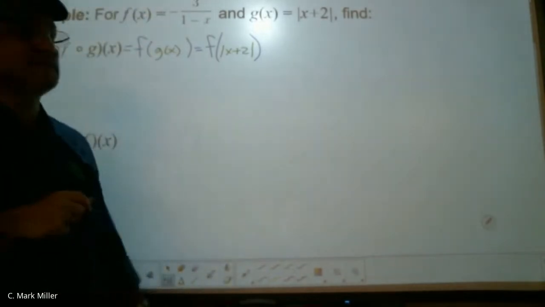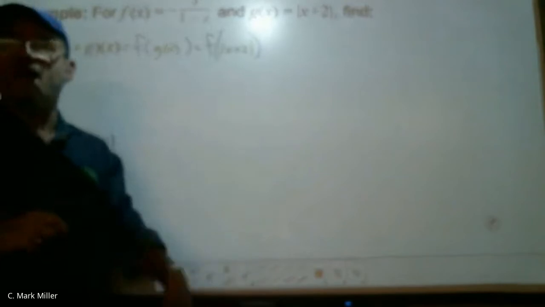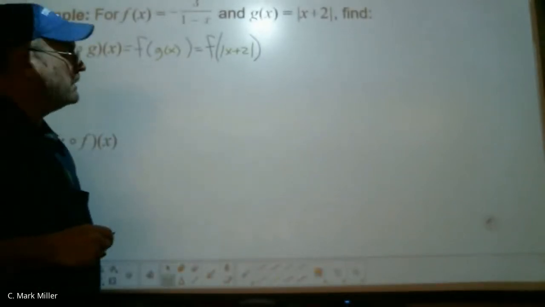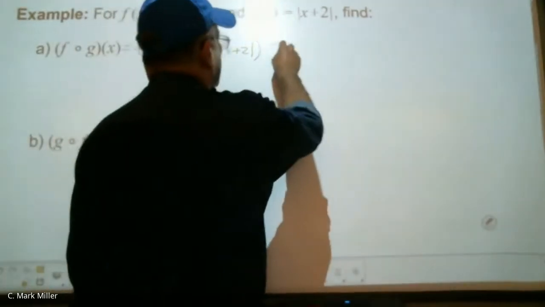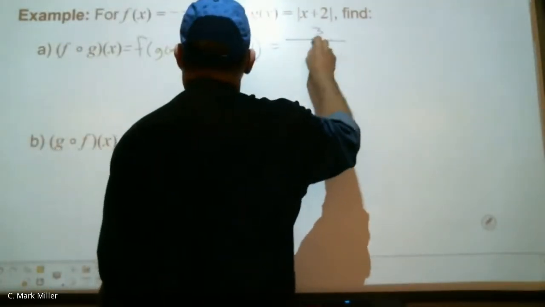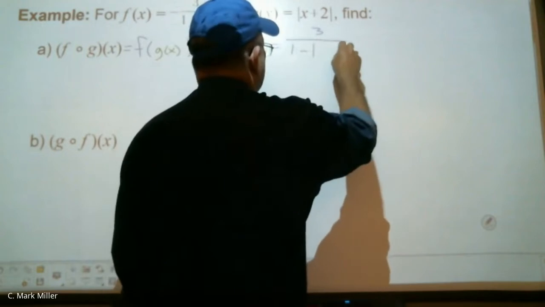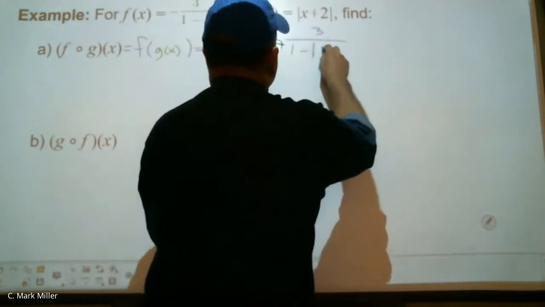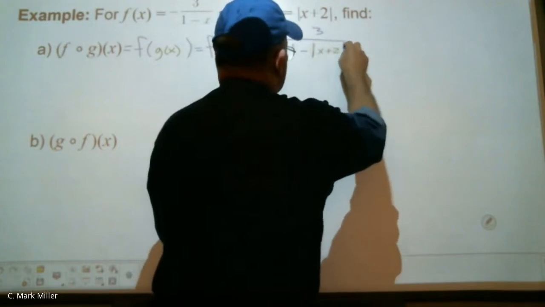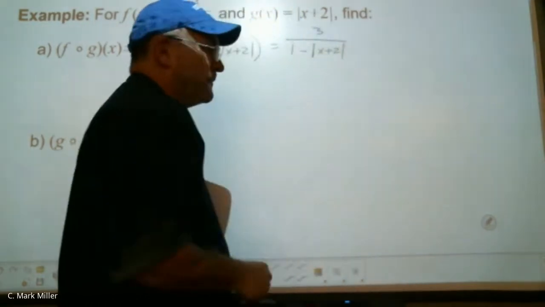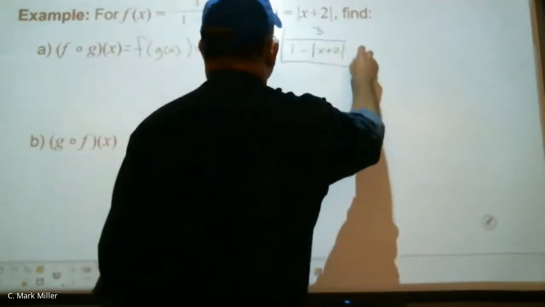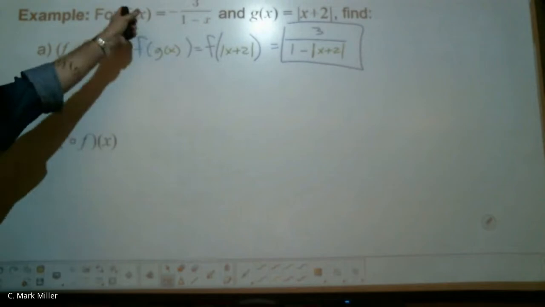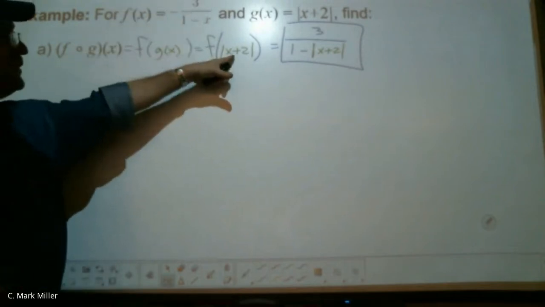Everywhere there's an x in the function f, you're going to put absolute value of x plus 2. So that's going to be 3 divided by 1 minus absolute value of x plus 2. And that's your final answer. Everywhere there's an x in the f function, you put what g equals.